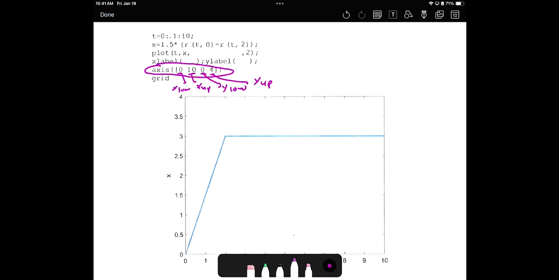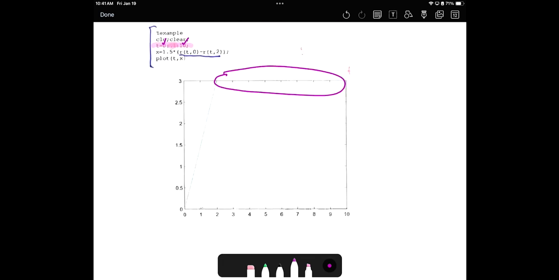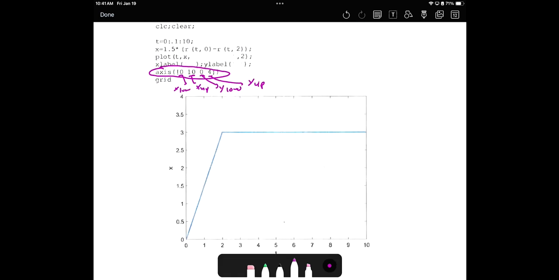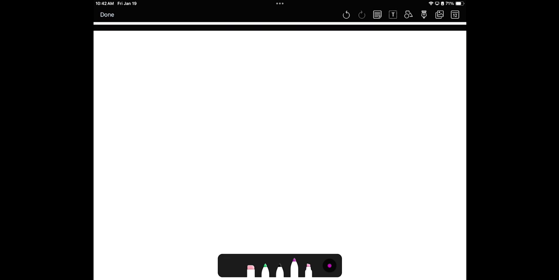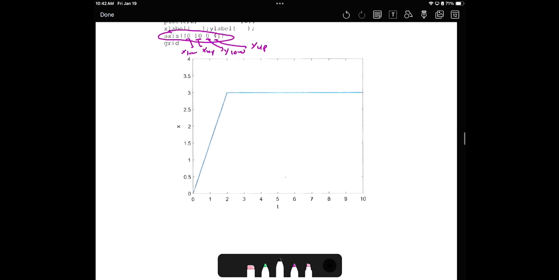By adding this command, you will get a better image, a better waveform, because we are not able to see what's happening here. It's in the limit, but when we make axis, then you can play with the view. That's the problem. Okay. Any question about that?